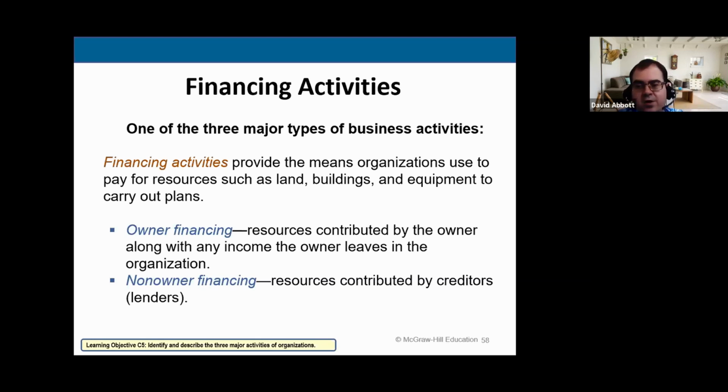Another example of non-owner financing is what Merced College attempted to do on the last election. They wanted to issue bonds, which is a form of debt financing. So the college would have issued these bonds and received the cash. And then the people that own property in the county would have to pay through property taxes the principal and interest to pay for whatever the college was issuing bonds for.